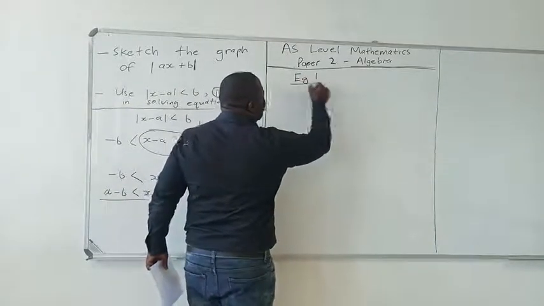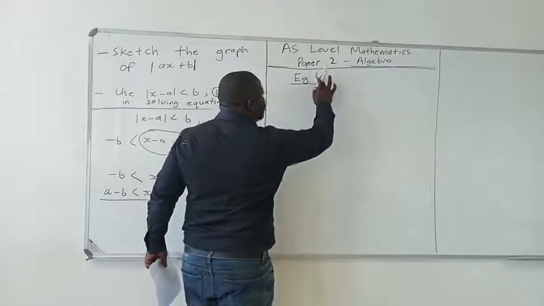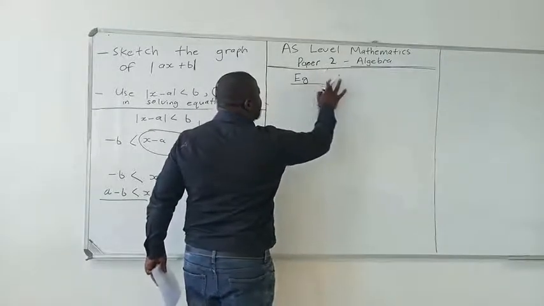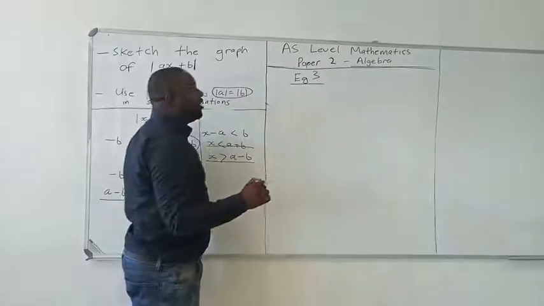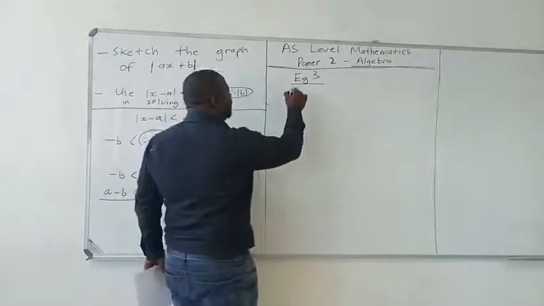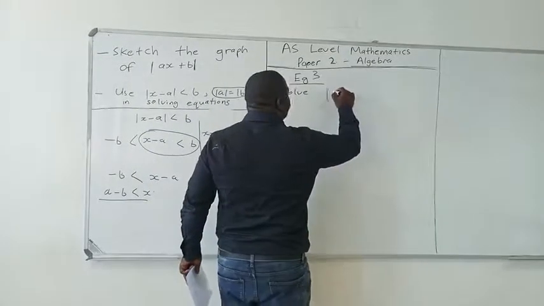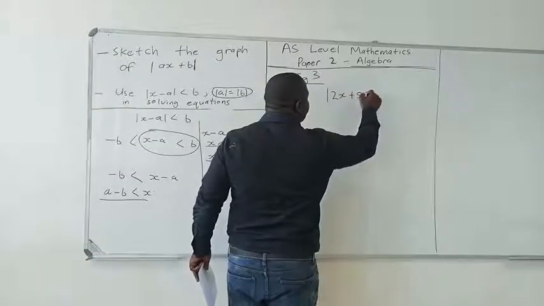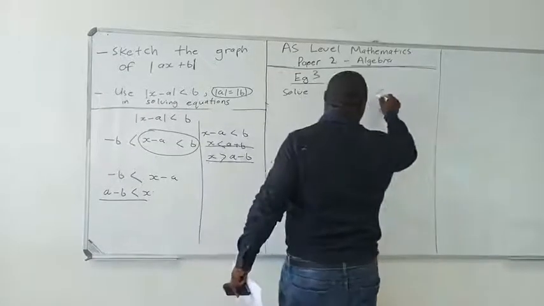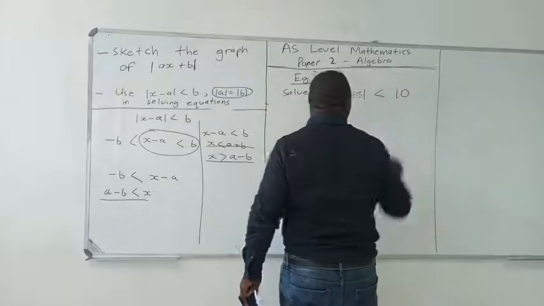Example 1. For this section it is example 1, but this is actually the third example, so we'll just call this example 3. Let's say solve modulus of 2x plus 5 is less than 10.